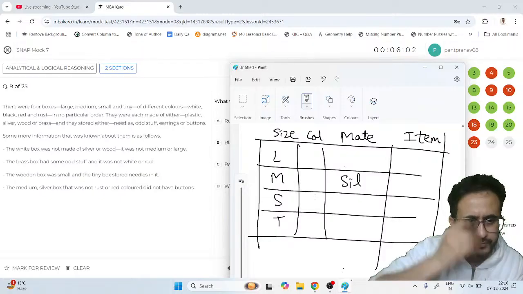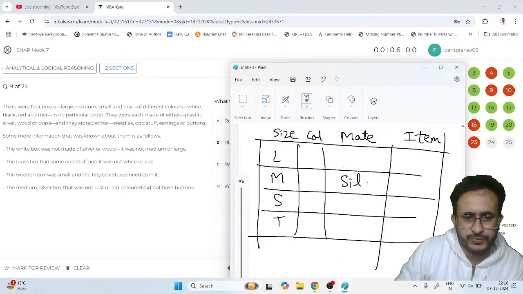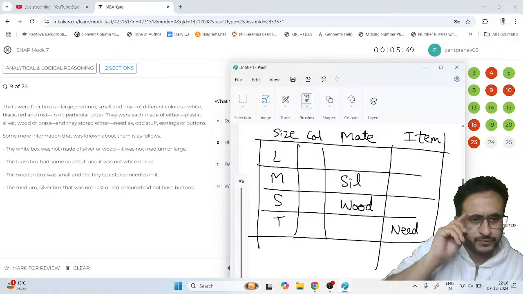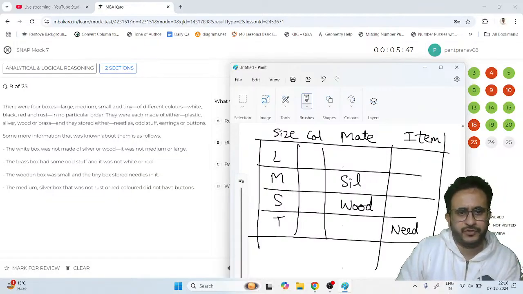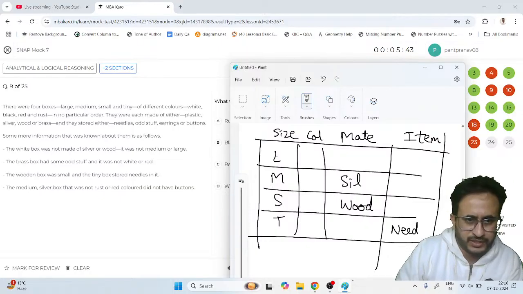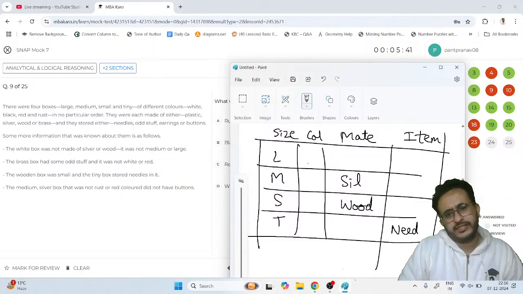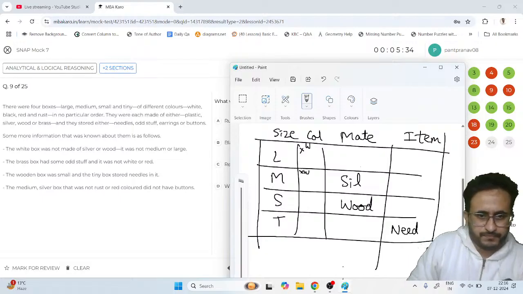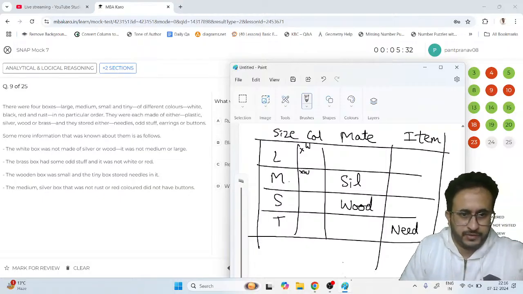The wooden box was small, so wooden box is small, and the tiny box stored needles in it. Then white box was not made of silver or wood, it was not medium or large. So white box is not medium or large, so these are not white, and it was not made of wood also.